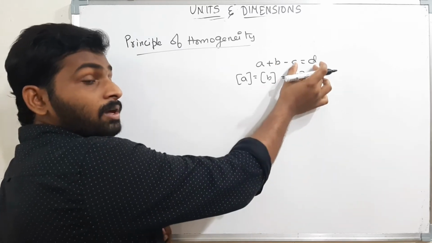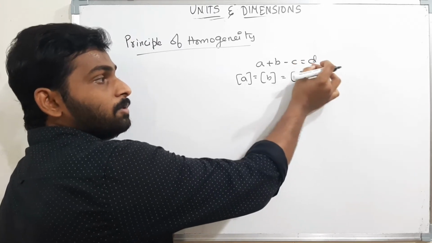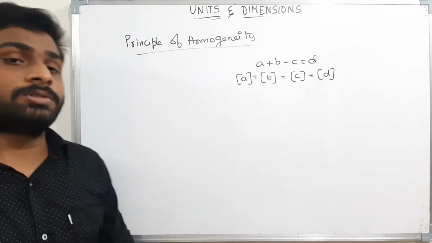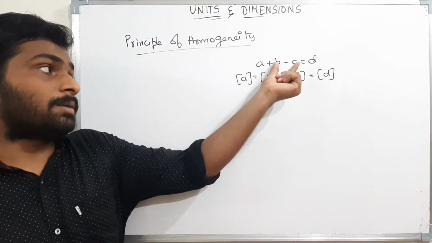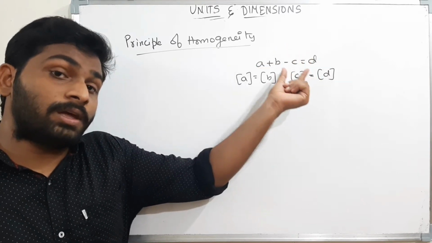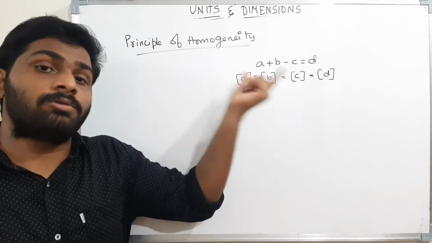And I can equate them only if the dimension formula is the same, therefore the dimension formula of c must be equal to the dimension formula for d. This is the principle of homogeneity. I can add or subtract or equate two terms in an equation only if their dimension formulas are the same. If not, I can't do them.